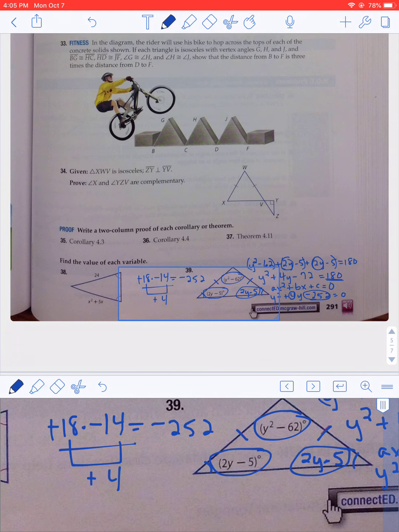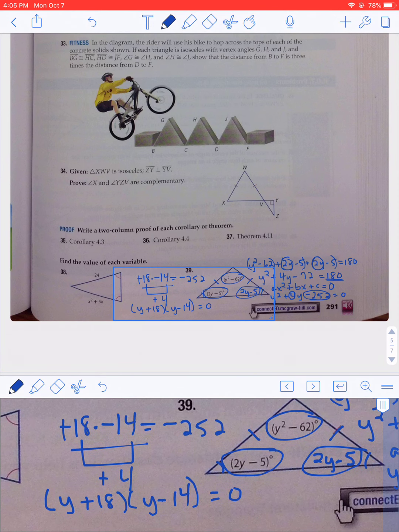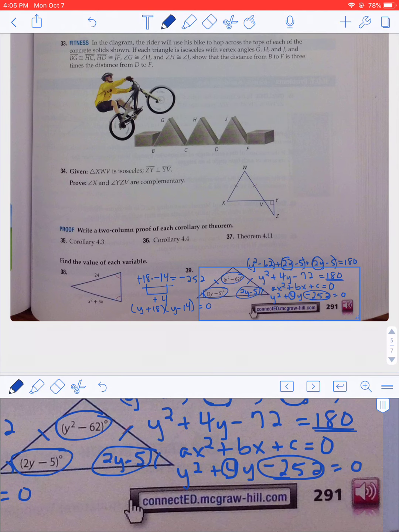So then you put it in factor form, which we're using y, so that means I'm going to put y plus 18 and y minus 14. This is kind of like, if you remember FOILing, which is a fancy word for distribution. If I were to FOIL these factors, I would get this equation right here back out if I do this correctly, okay?